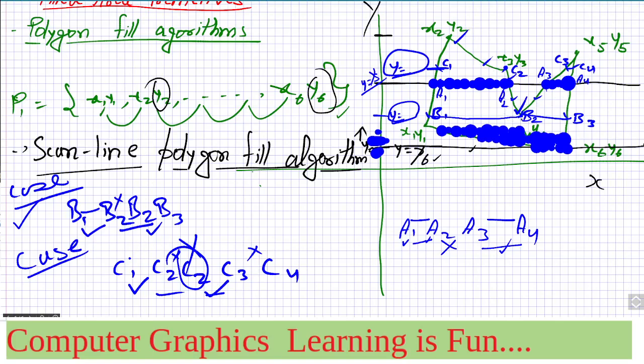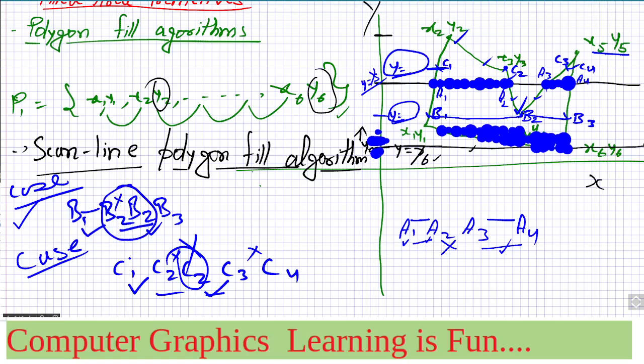In this case, for B2 you see the 2 endpoints like this one, x3 y3 and x5 y5, these 2 coordinates are on same side. If they are on same side, then what we have done, we have kept it twice.